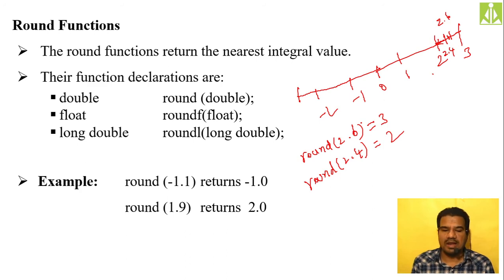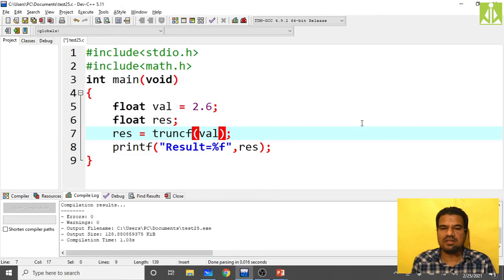We are dealing with floats, so I will take roundf. The roundf function will find the nearest integral value for 2.6. It is 3.